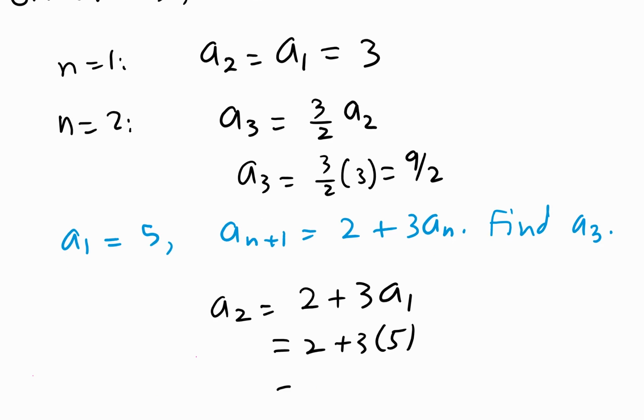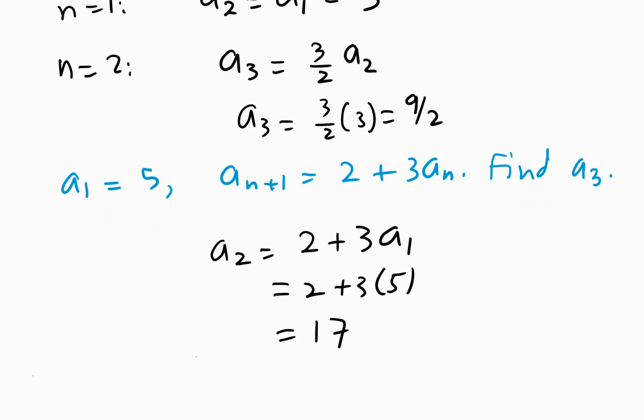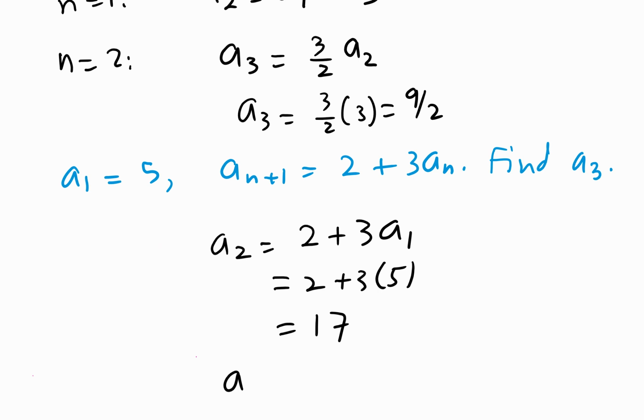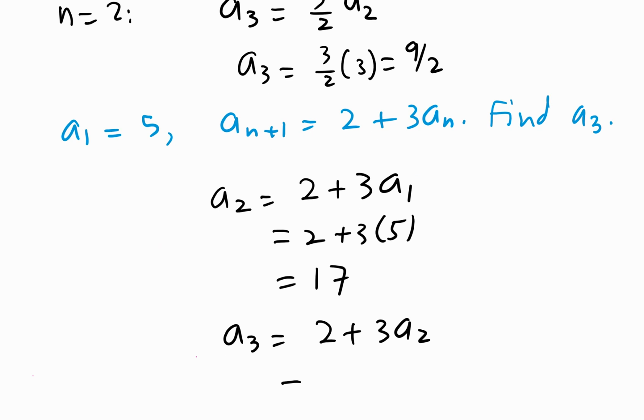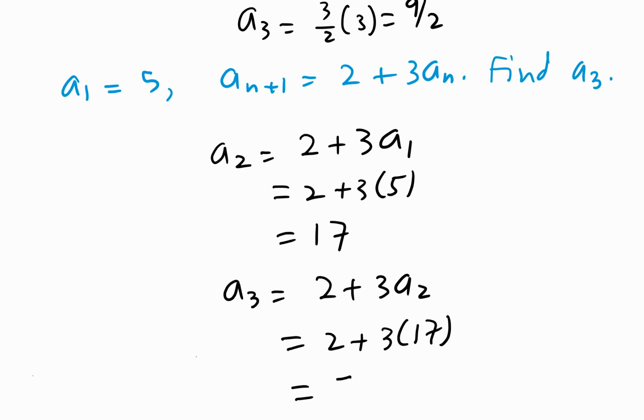So that would be 17. For a_3, plug in n = 2: 2 plus 3a_2, so 2 plus 3 times 17. 51 plus 2 is 53. That's a_3. So we found a_3 and a_2. These are recursive.